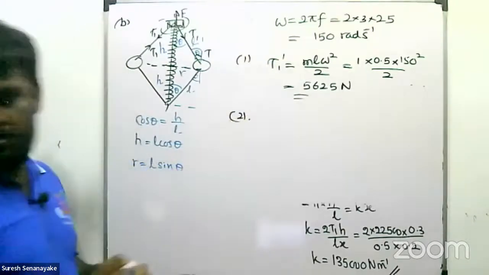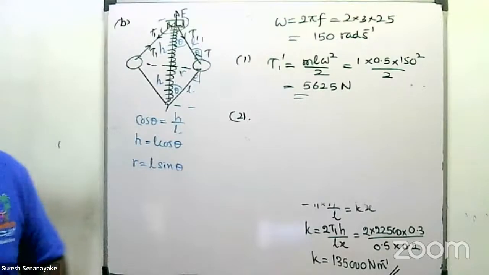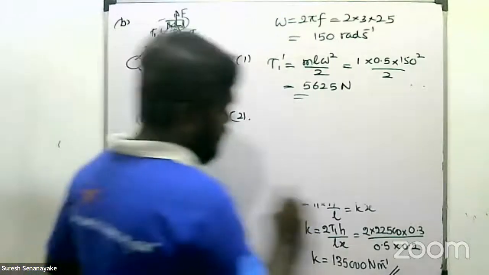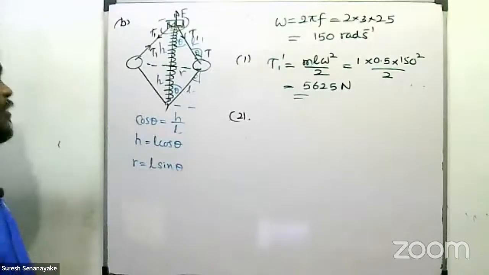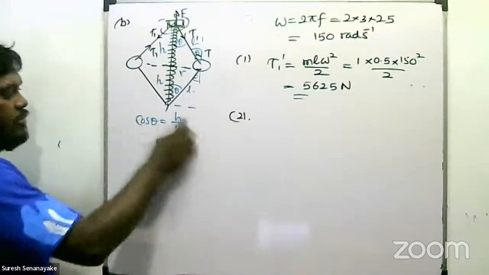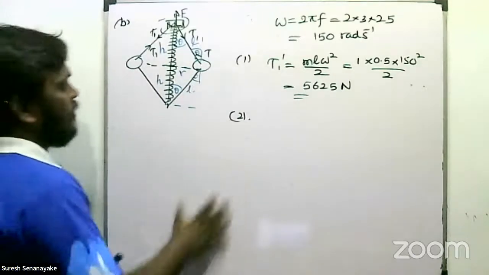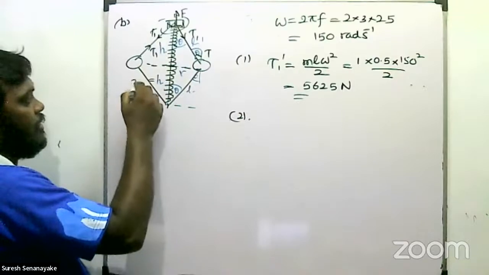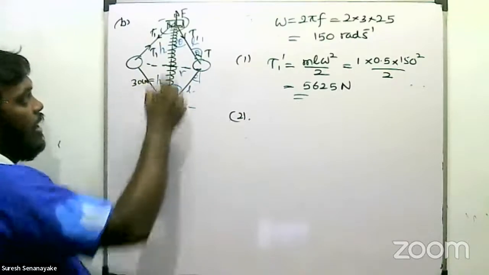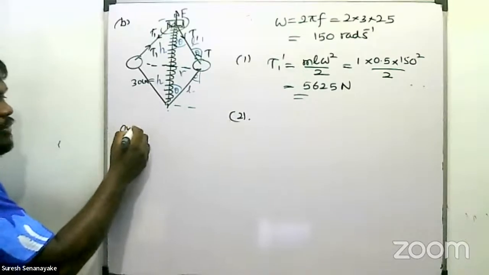Second part. They ask the contraction of this spring now. It's a little different, right? Before coming to this point, previously this is H and this is H. H is given as 30 centimeters in the previous case. And then 2H, you can write the original length of the spring.